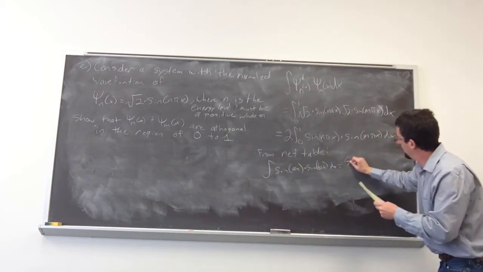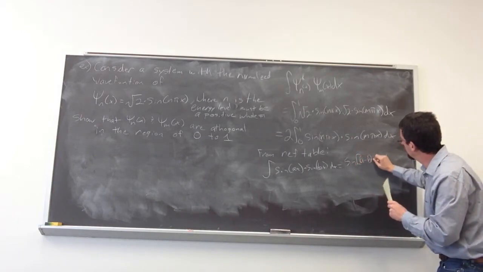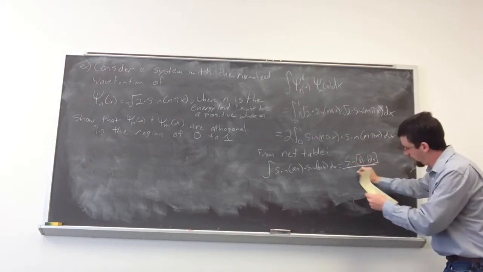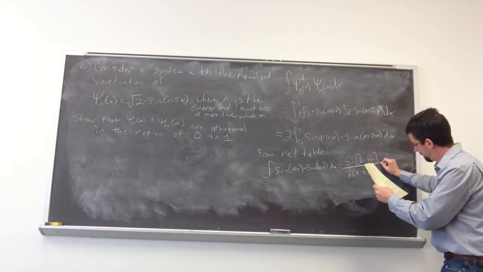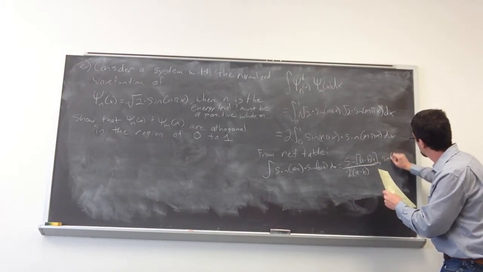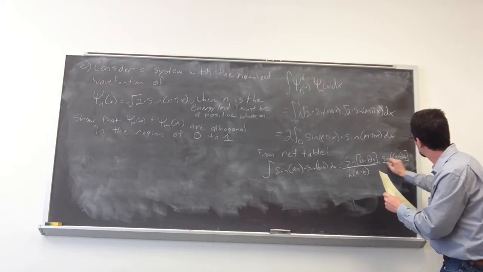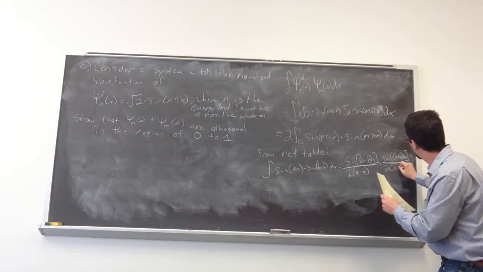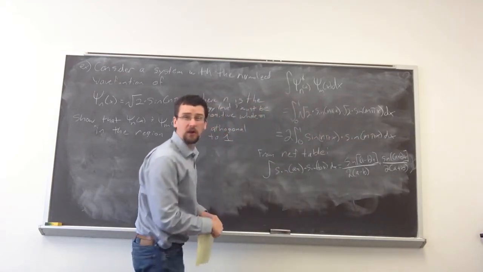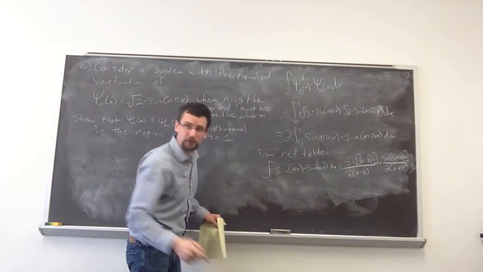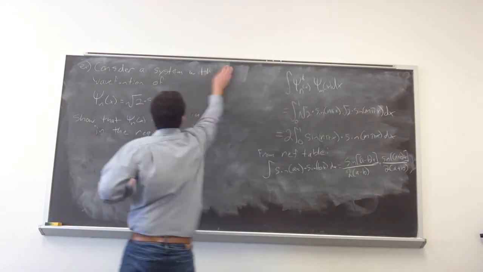If you evaluate that, you get sine((a minus b)x) over 2(a minus b), plus sine((a plus b)x) over 2(a plus b). Okay, so we're going to utilize that to solve this integral right here. Once we do that, then we should be on our way to getting to the solution.